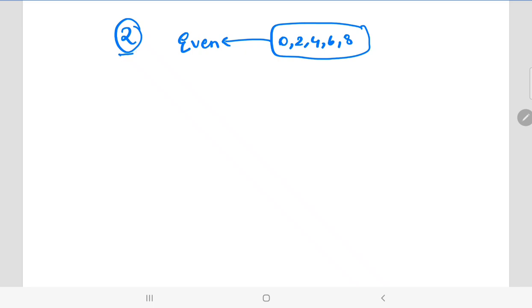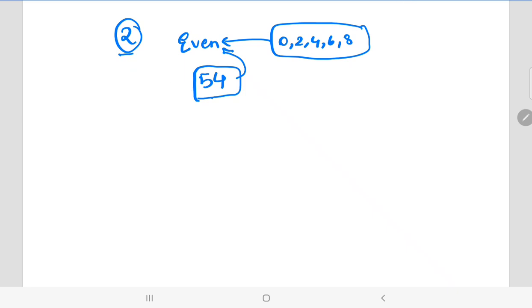Okay. So now let me take an example. If I take 54, here 54 is an even number. Why is 54 an even number? Because it ends with 4 and 4 is also an even number. That's the reason why 54 is an even number. And 54 is divisible by 2 because it is an even number.